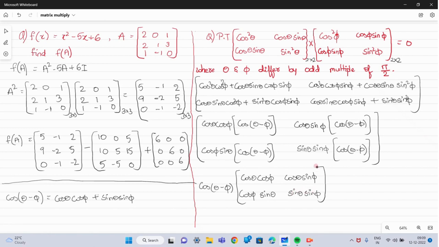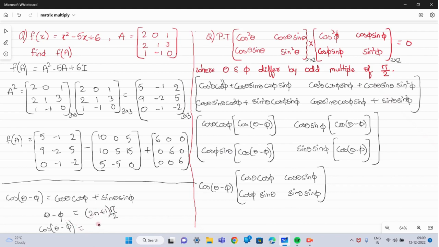Now, in the question it's mentioned that theta and phi differ by an odd multiple of pi by 2. What does it mean? It means theta minus phi is equal to an odd multiple, (2n plus 1) pi by 2. When you take cos on both sides, you'll get cos of theta minus phi.